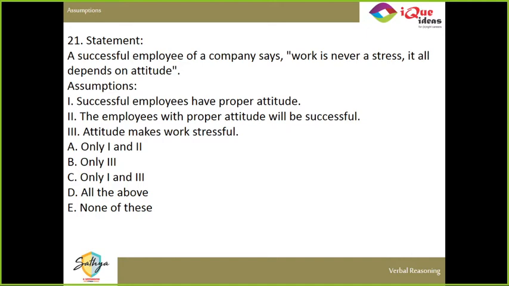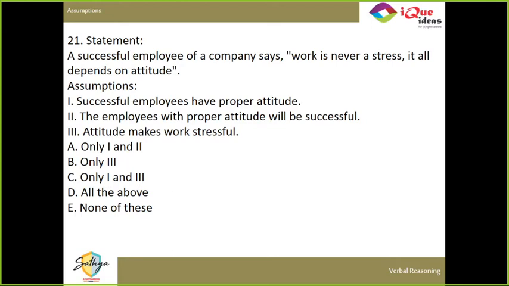So, which of the assumptions is being made in this particular statement? What are we assuming in this particular statement? Now, remember, guys, what you do is you take the assumption and see, does changing the assumption make any difference to the statement, or is the statement independent of that assumption?